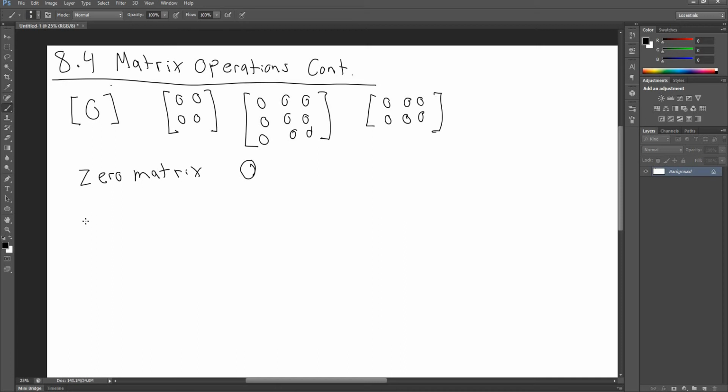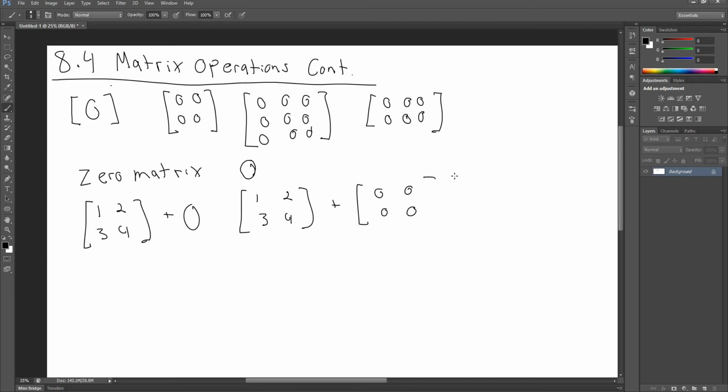So if you had, say, 1, 2, 3, 4 plus 0, this would just be adding a 2 by 2 of zeros to this matrix. So this would be 1, 2, 3, 4 plus 0, 0, 0, 0.